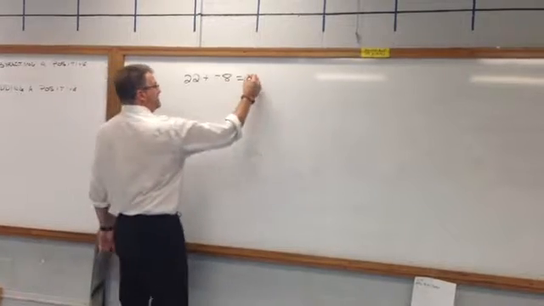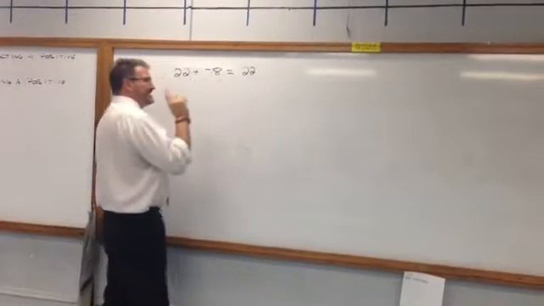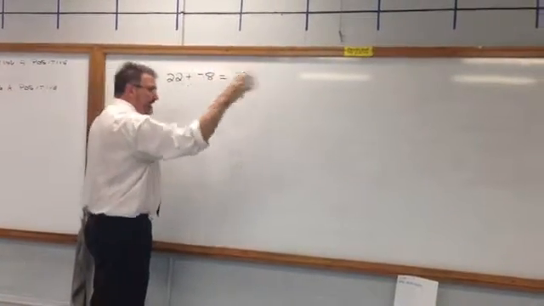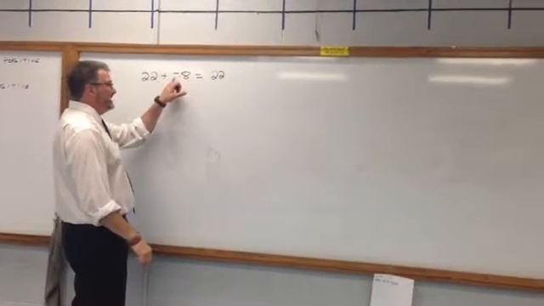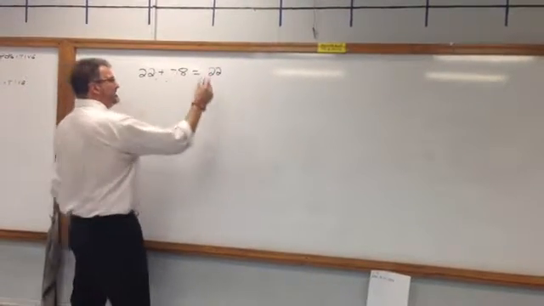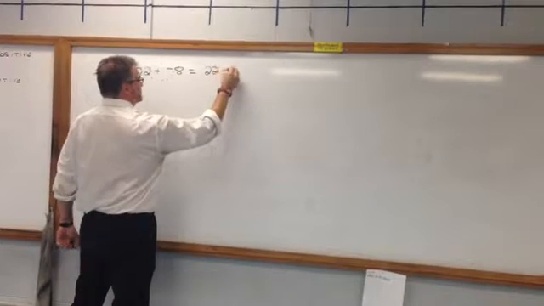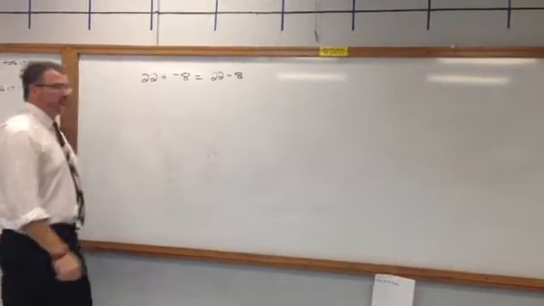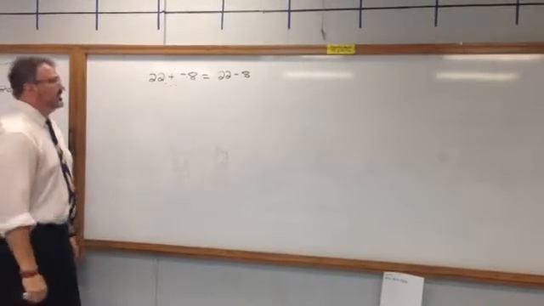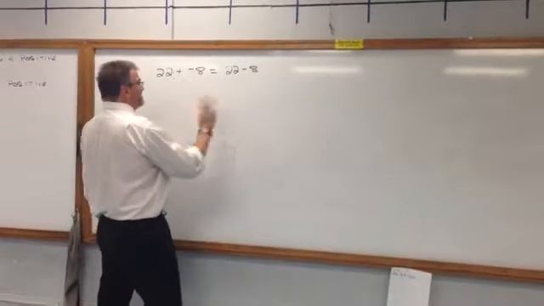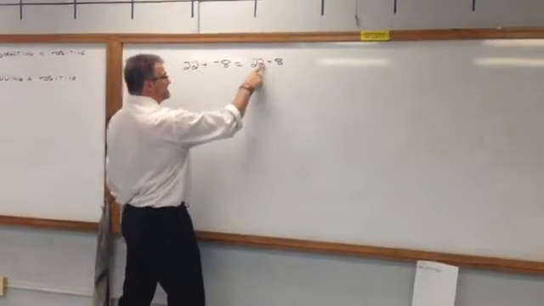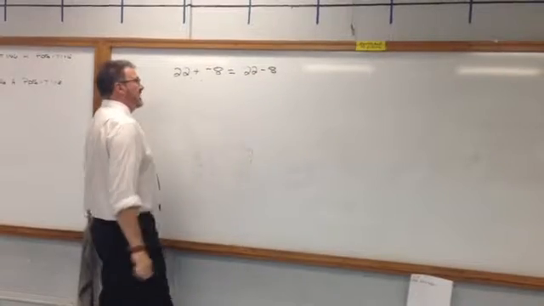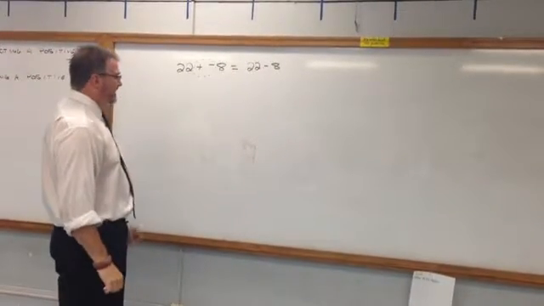We're starting at 22, that doesn't change. But since I can't go to the right, because that's adding a positive 8, the left means I subtract. So I might as well just go ahead and write down 22 minus 8 and save myself a character. See, it's just a little bit clearer, 22 minus 8 instead of plus a negative 8.